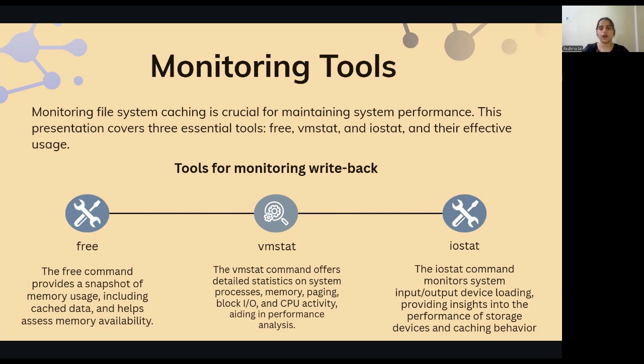Free shows how much memory is used, and it also includes the cache memory. vmstat gives detailed system stats, including paging, memory activity, and I/O. iostat monitors disk I/O performance and helps us to understand caching efficiency. By regularly checking, we can make sure the write-back is not causing any problem or any risk of losing the data.